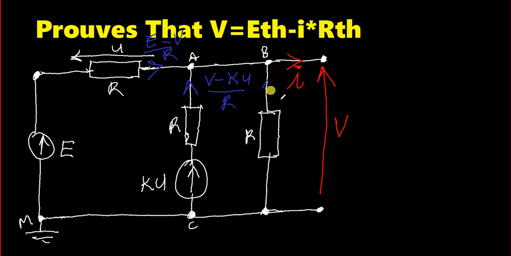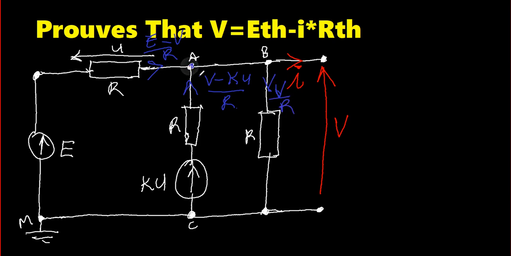Because this resistor is consuming, it is a receptor, the current will be going down, and that current will be equal to V divided by R.